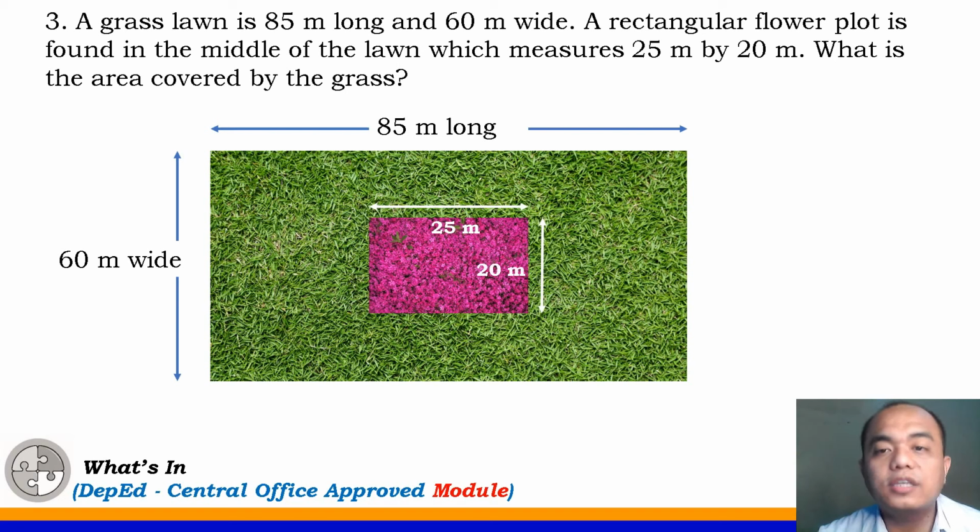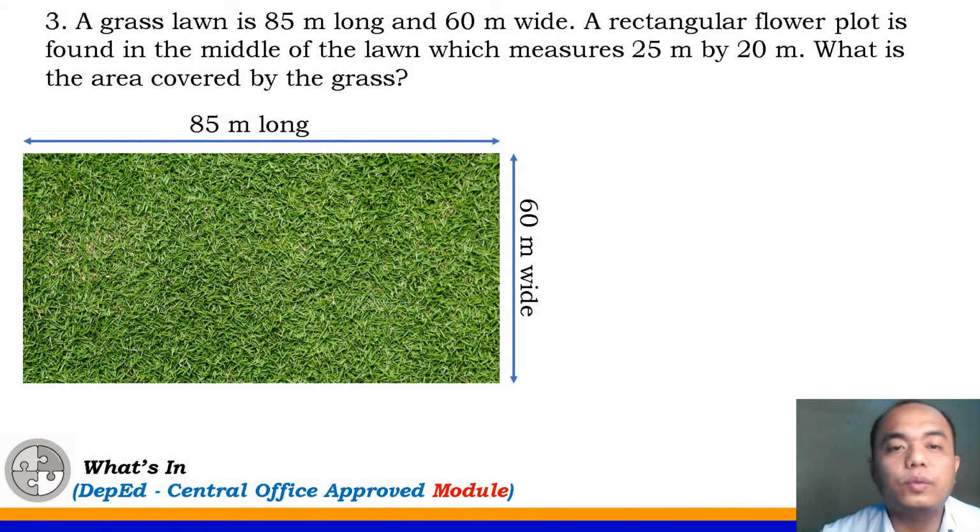Yan. So the question is, what is the area covered by the grass? So itong hinahanap natin yung area na lang na covered na lang ng grass. Ito yung grass. Yung shaded part natin, class, yung grass. Ang unshaded natin, ito yung flower pot. Okay? Para mas madali ninyong ma-visualize.